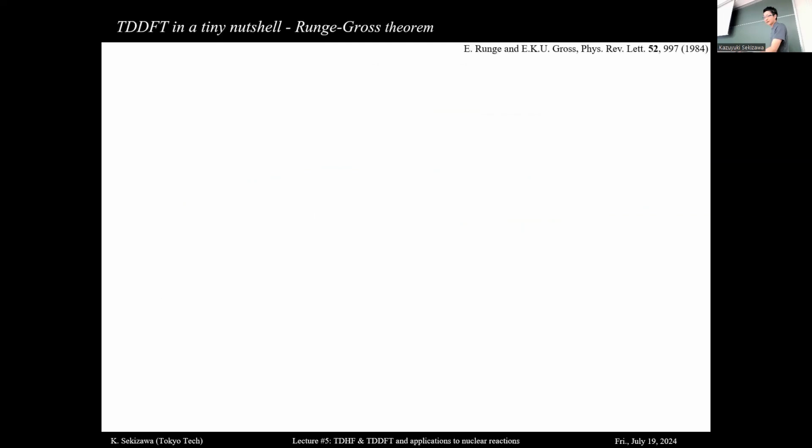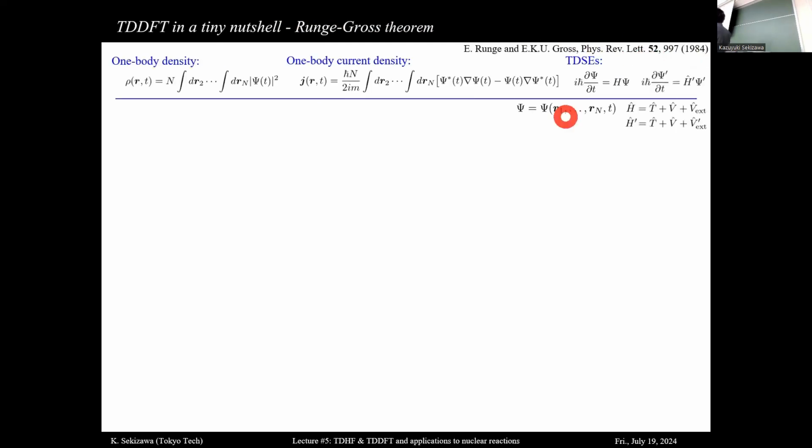So let me now introduce the basic theorem behind the TDDFT, which is the Runge-Gross theorem. This theorem was published in 1984 in PRL. This is just a notation and preparation.